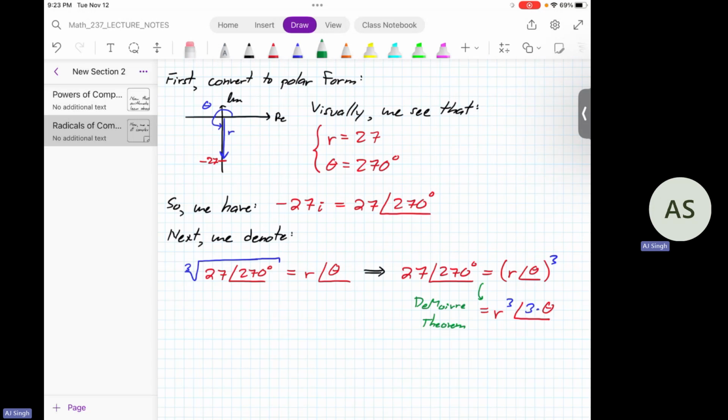And so now we have this polar number equal to this polar number. Two polar numbers are equal if the modulus equals the modulus in blue and the angle equals the angle in yellow. So that gives us two equations. Let's write those down.